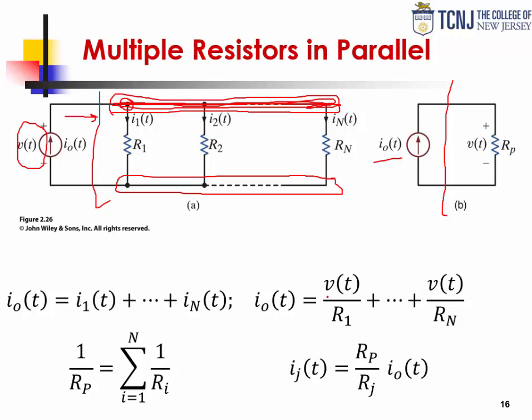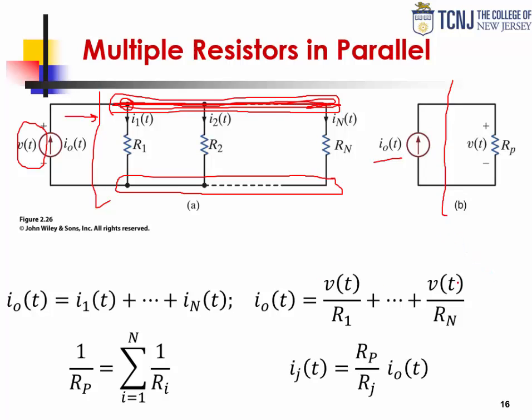So we know that each branch current is going to be the voltage, which is a single quantity because I have only two nodes. So the voltage across each of the resistors is the same because we have these single points of connection. And so I substitute the voltage divided by the resistance, which is the current through each of the branches, and I get this expression.